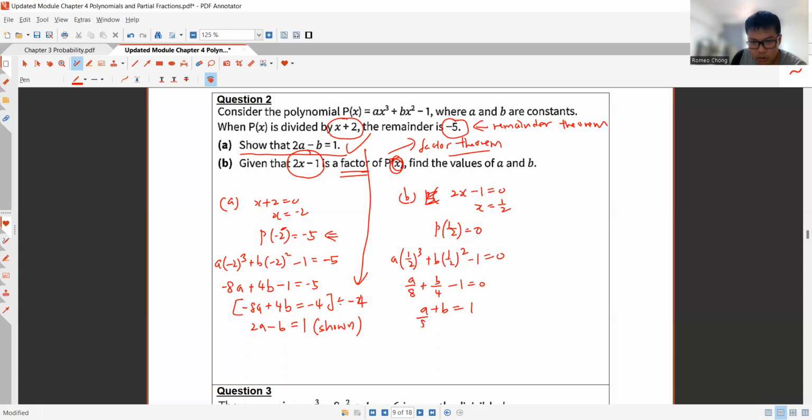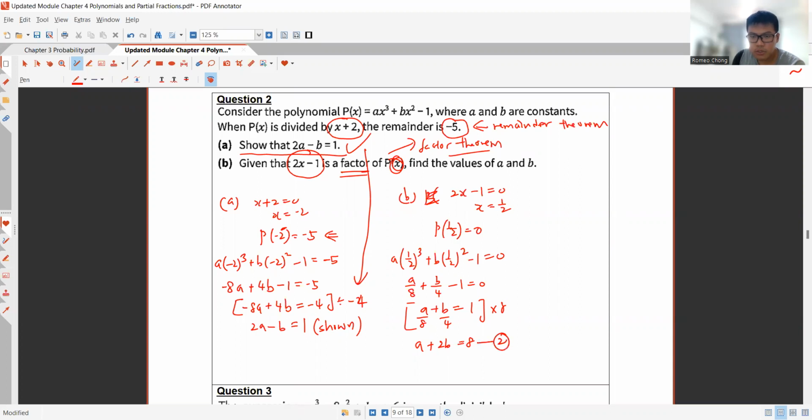So the whole equation multiplied by 8, then you make it linear. So this one we will get a plus this one is 4 times 2 is 8, so it's 2b equal to 8.